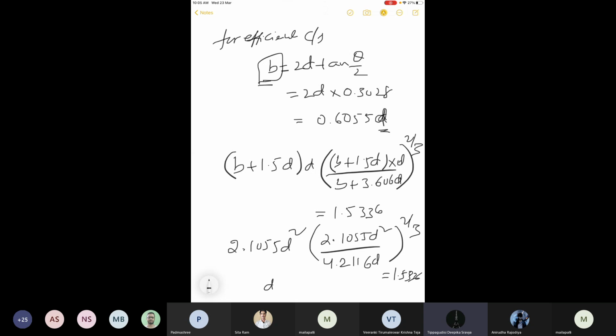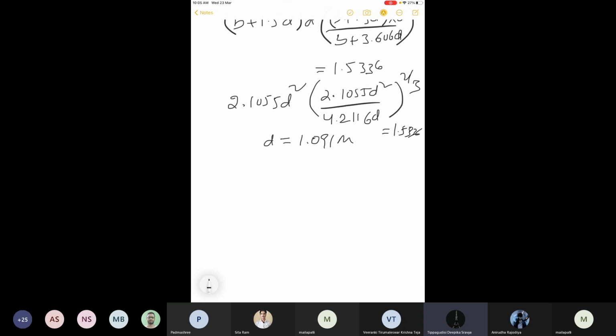When I simplify, I get D is equal to 1.091 meters. If I substitute it back into the efficient cross section relationship, I get B is equal to 0.6055 times 1.091, which is in meters, so that will be about 61 centimeters.